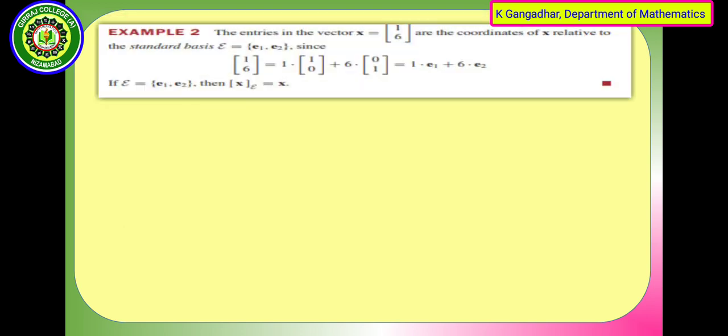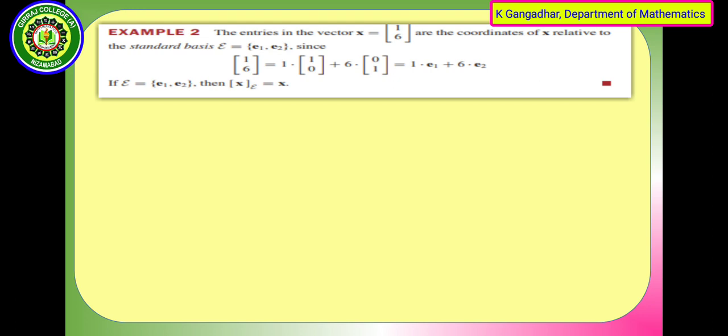In the next problem, the entries in the vector (1, 6) are the coordinates of x relative to the standard basis epsilon, B equal to e1, e2. So here we find the x value. (1, 6) relative to the standard basis of R2.